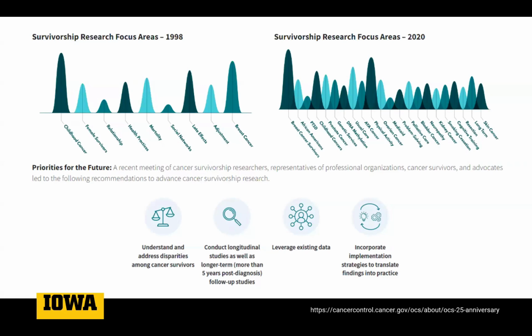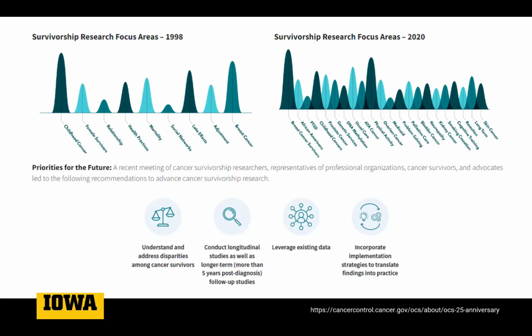On the left side, you'll see that there was a robust funding area primarily focused on breast cancer and childhood cancer. Comparing that to 2020, there are far more topics, showing the complexity and the changing field of survivorship. Although breast cancer survivorship is quite prevalent and well represented, there are way more dimensions in the Office of Cancer Survivorship's funding, such as palliative care, Medicare research, and long-term concerns of cancer survivors.